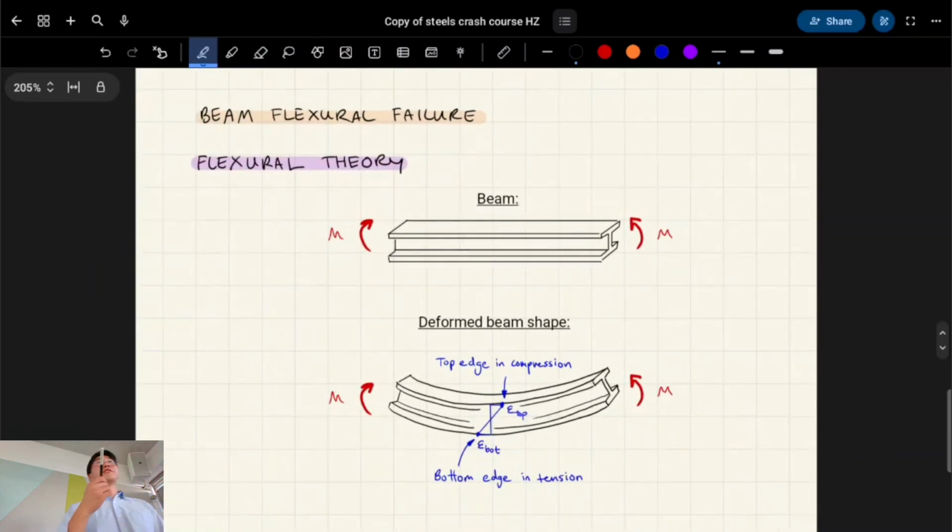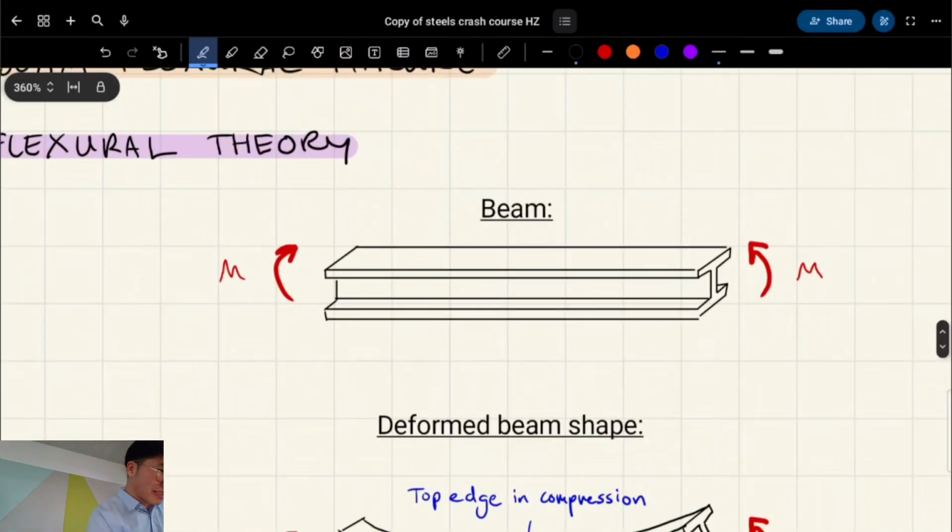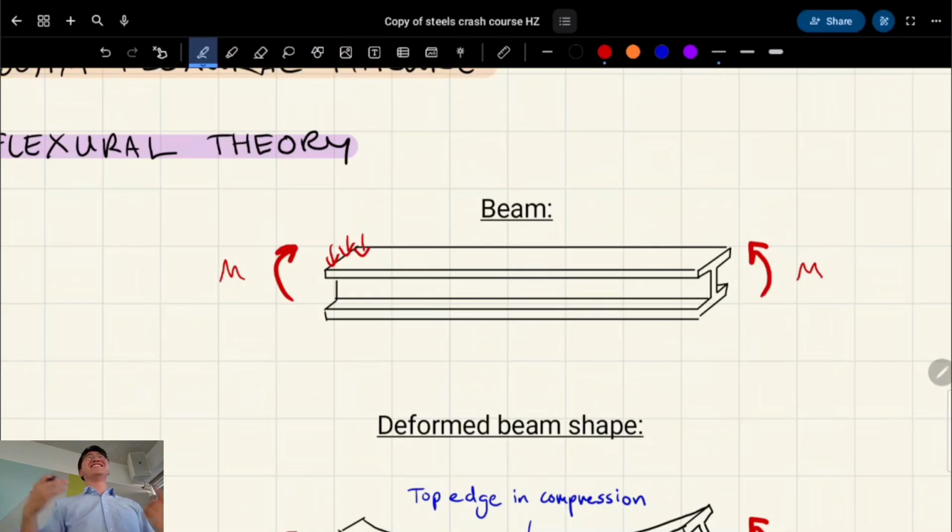Okay, so flexure. I kind of know what you're talking about. You said the web was potentially susceptible to buckling, I think. And you were talking about the beam as if it was being loaded like that, right? Before, we were talking about axial forces.